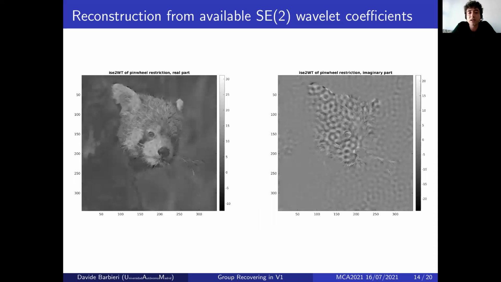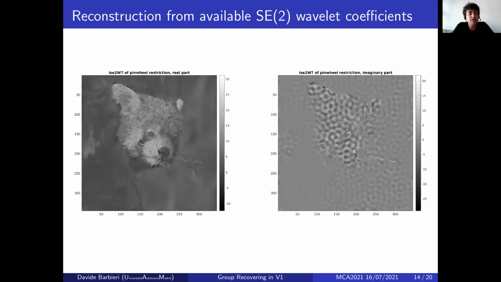Okay, we use the dual window, if you want to call it like that, and we obtain some. I mean, it's not complete rubbish, but it's a kind of unusable reconstruction.